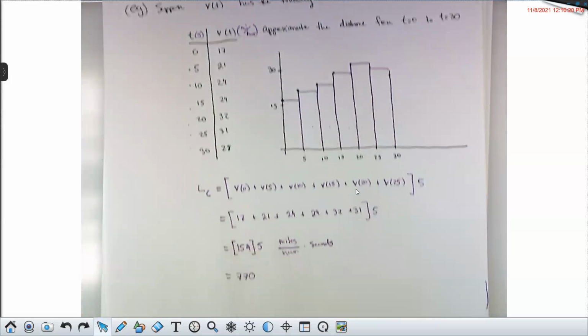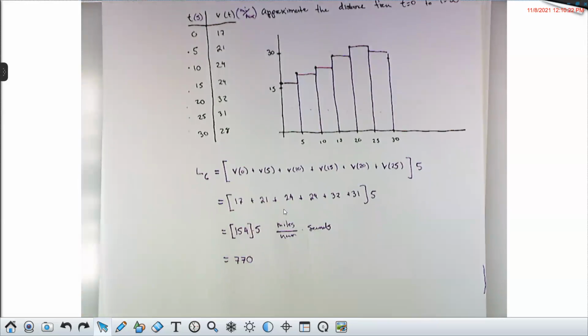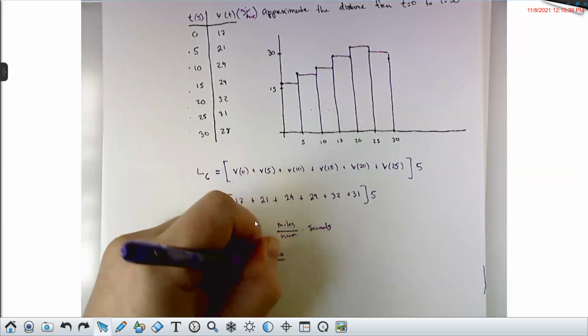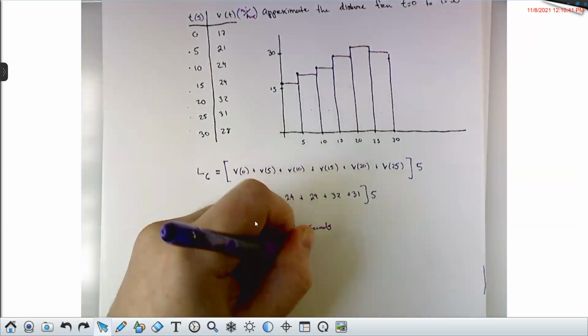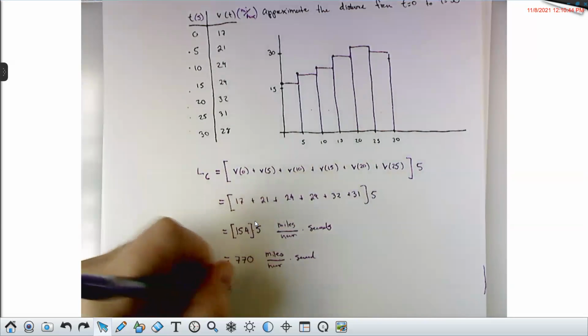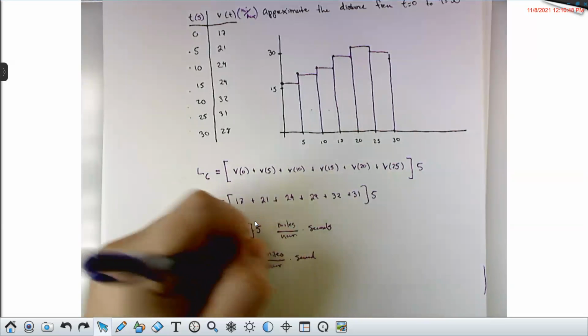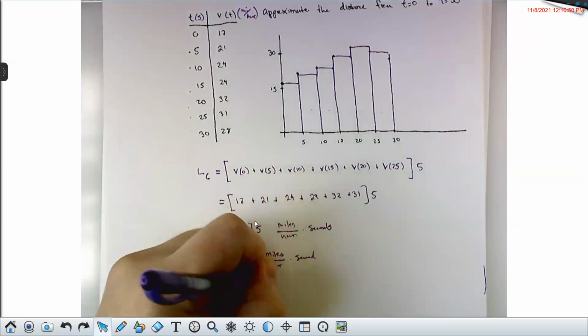And if I want to convert this into miles, right, I've already got the units of miles here. I've got an hour downstairs. I need to convert these seconds into hours. So this is miles per hour times seconds. And if I want to get rid of that, how many seconds are there in an hour?